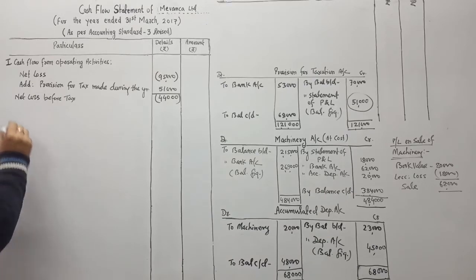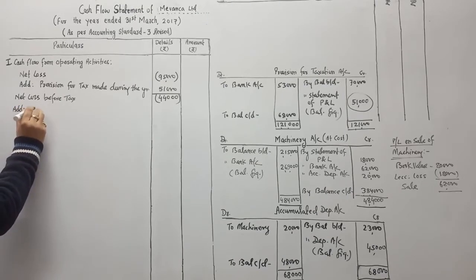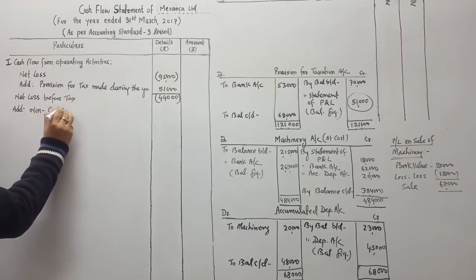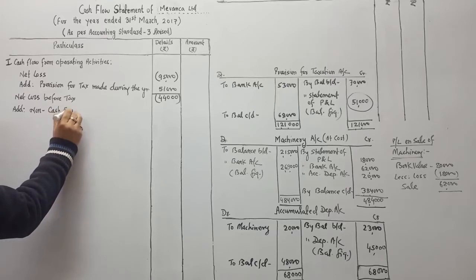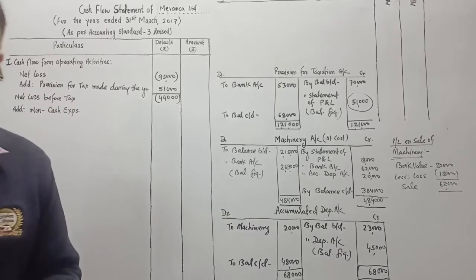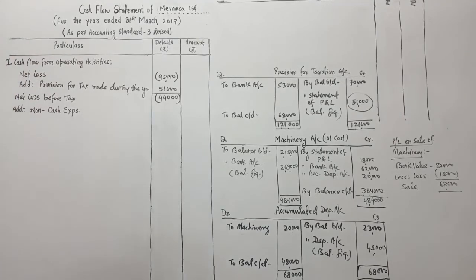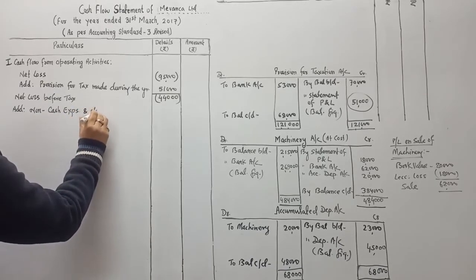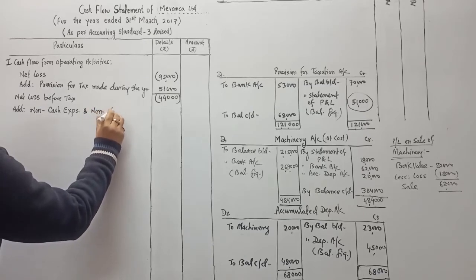Now thereafter what we'll do, we'll add non-cash expenses and non-operating expenses and losses.